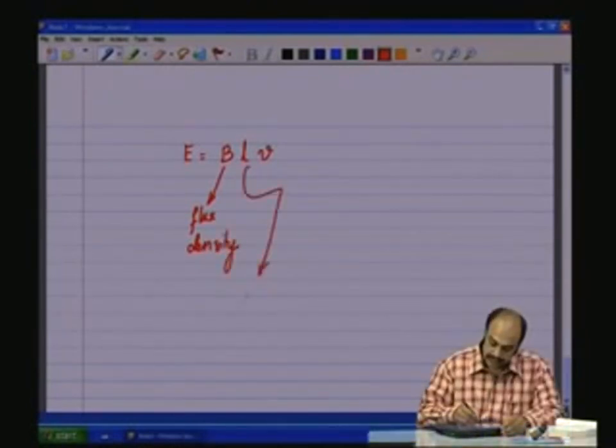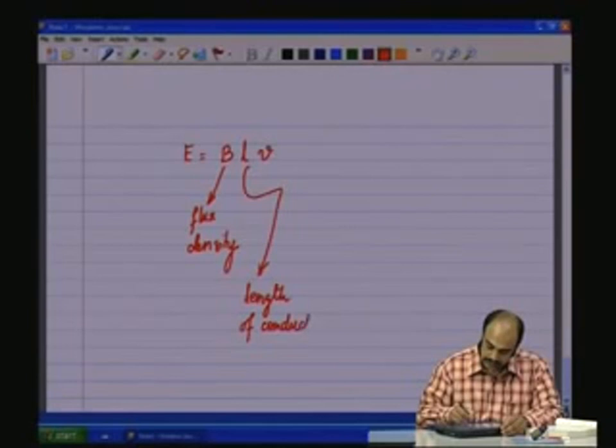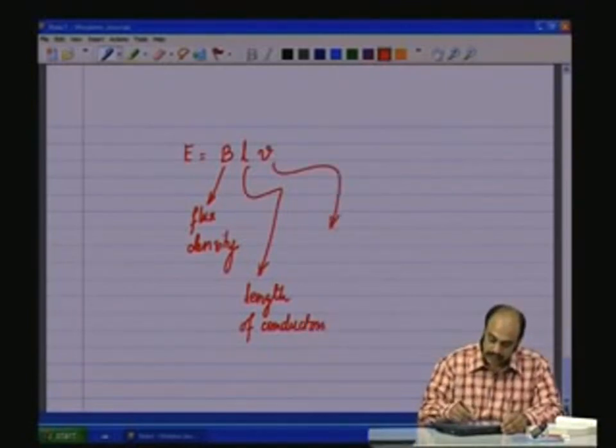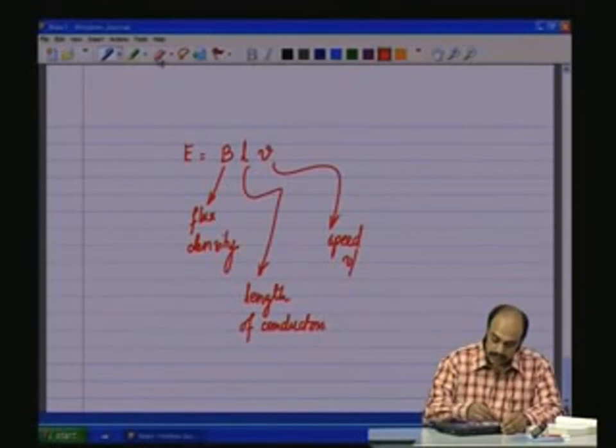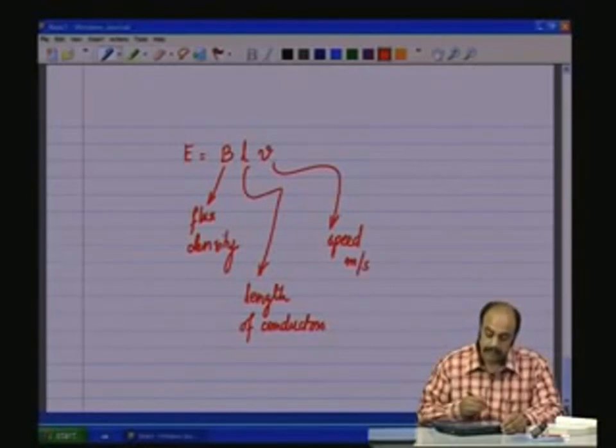The equation which we have been using in the DC machines, E which is equal to B L V, where B here is the flux density, L is the length of the conductor, and V is the speed at which the conductor is moving, and this is given in meters per second.